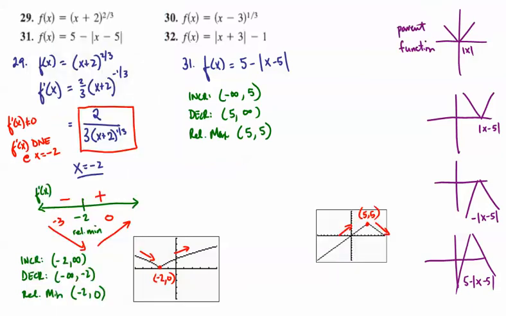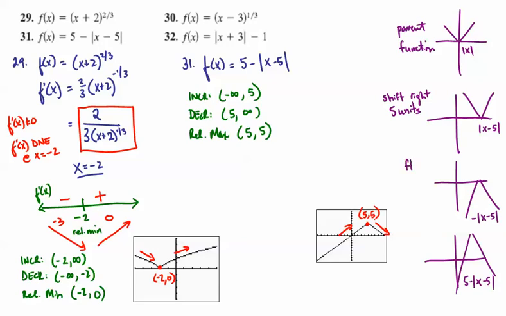Now I just want to label up these diagrams, and I'll leave them in the final copy. We start with the parent function. We have shift right 5 units. Remember, when it's a negative inside the parentheses, that means you're going to shift to the right.